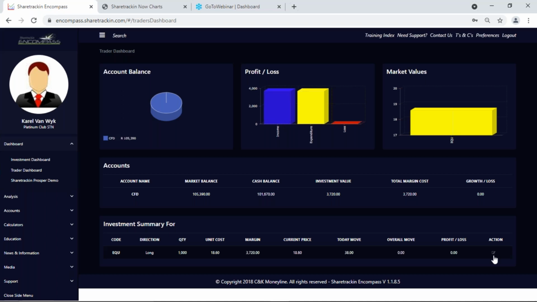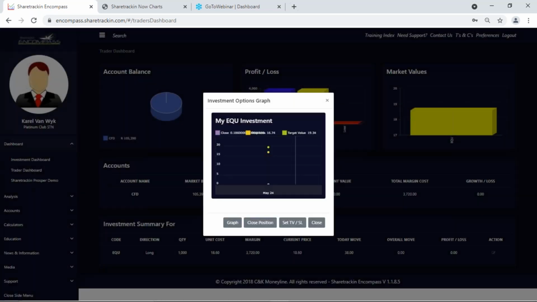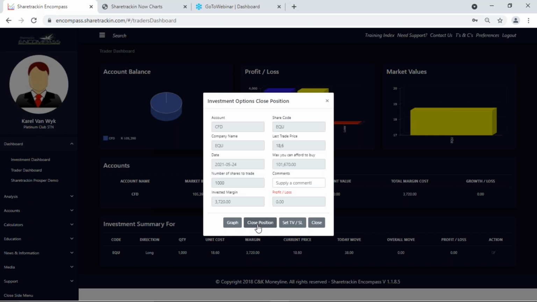I would then go to the right hand side of the share and click on action. My investment option graphs window will then pop up. From there on, I would click on close position. Immediately, you would note that the number of shares to trade is filled in, and I just put in my comment, my reason for selling. You would also see that it gives you a profit and loss window.